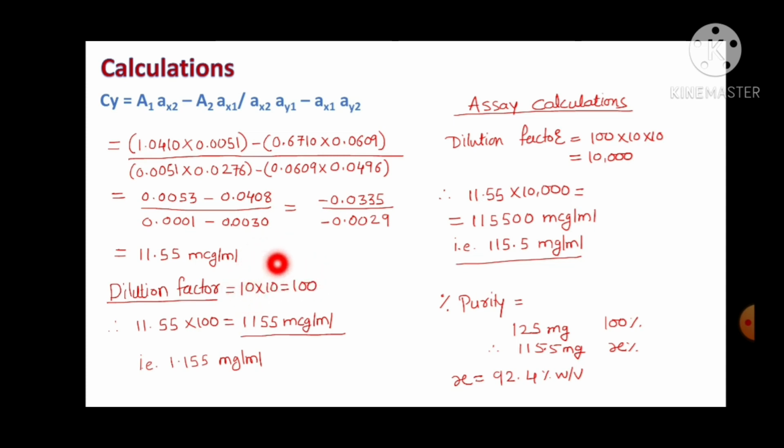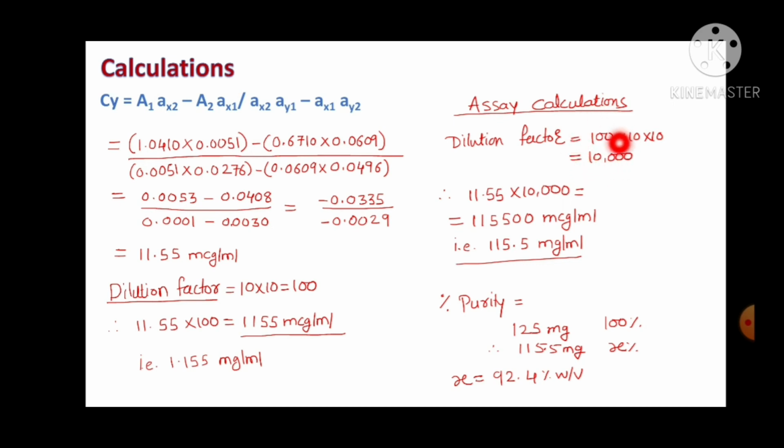Then we can incorporate the dilution factor 10 multiplied by 10, the dilutions which we made from the given sample solution, and if we multiply, then we will be getting the concentration of 1.155 milligram per ml. That is the concentration found in the given sample, that is a 100 times diluted sample.